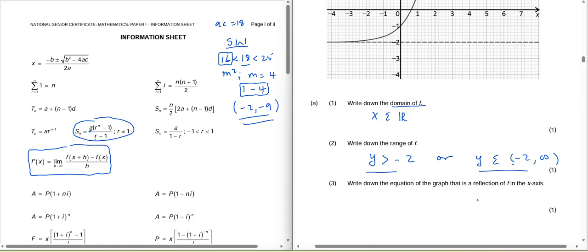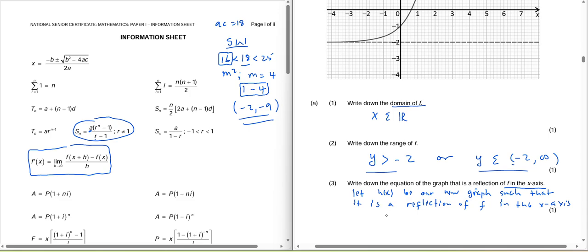Now write down the equation of the reflection of f in the x-axis. We're going to say let h of x be our new graph such that it is a reflection of f in the x-axis.